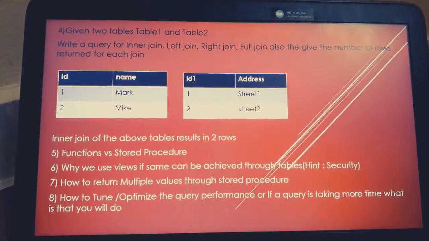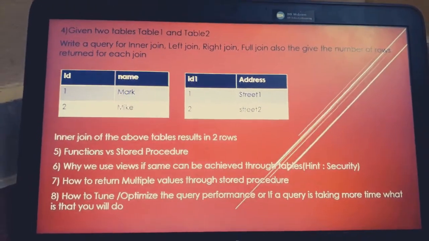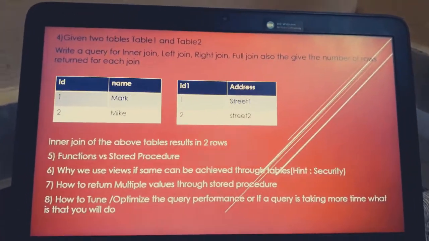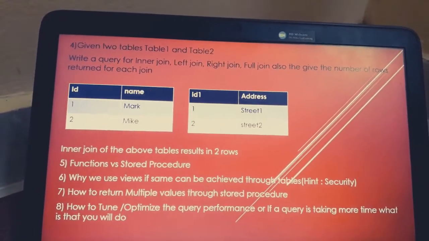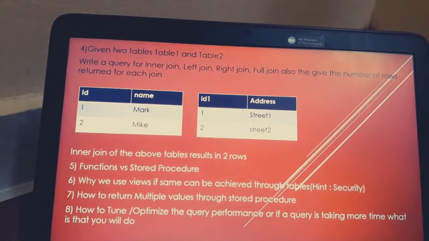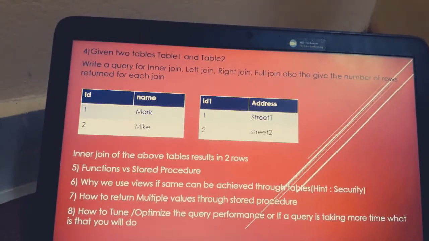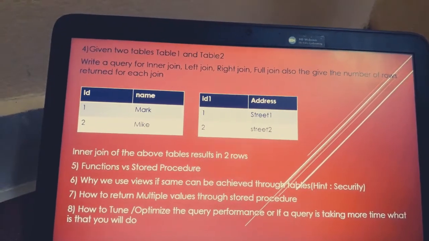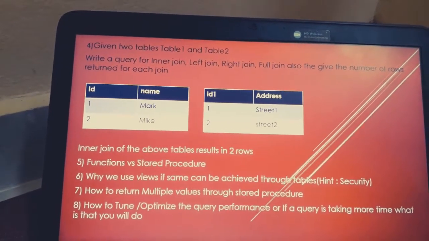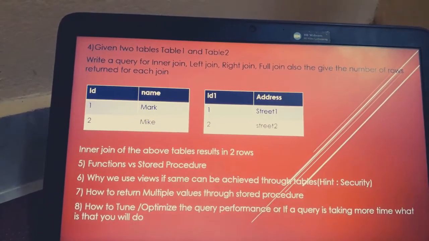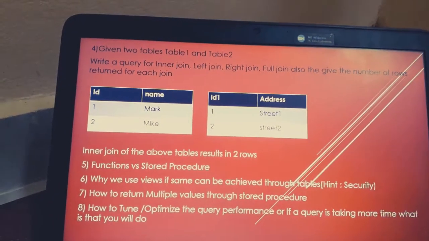The inner join of the above tables will result in two rows, and the left join and right join may be the same for the given two tables, but based on the tables and rows that the interviewer gives, the number of rows may be different.